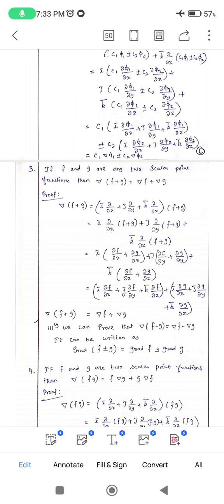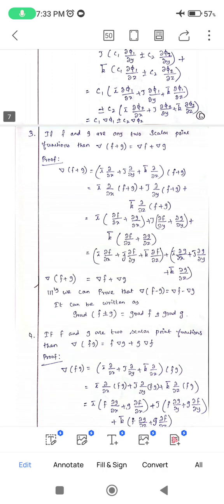And the next one is, if f and g are any two scalar point functions, then del of f plus g is equal to del f plus del g. So del of f plus g, del is written as i into dou by dou x plus j into dou by dou y plus k into dou by dou z, into f plus g.